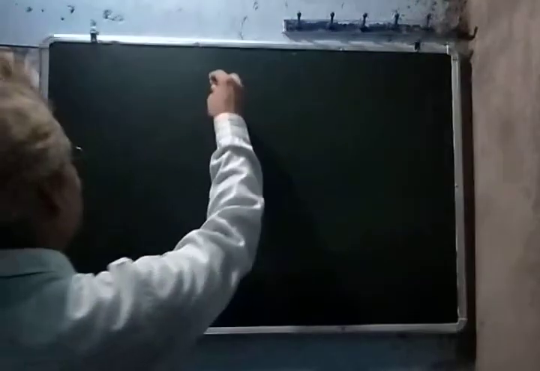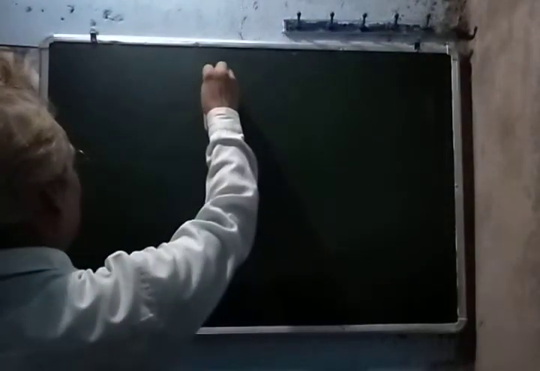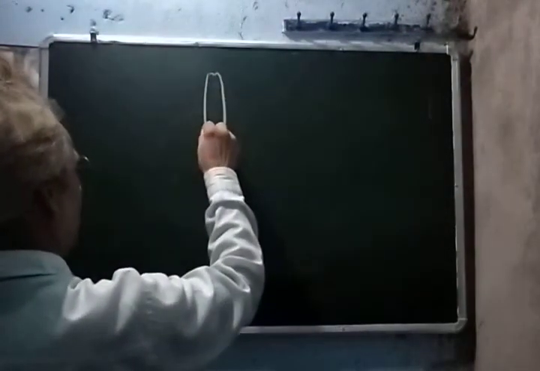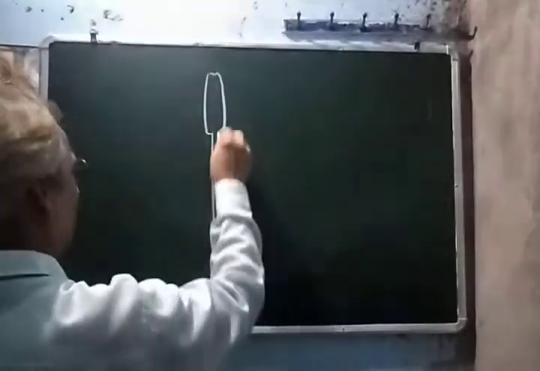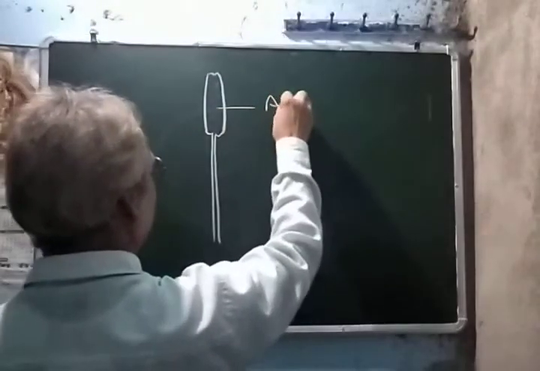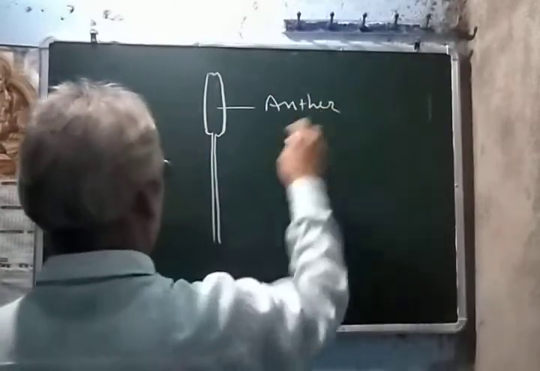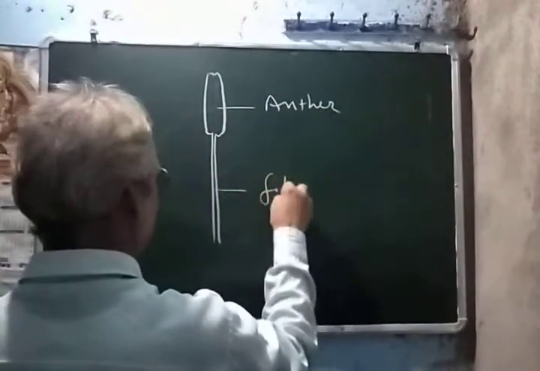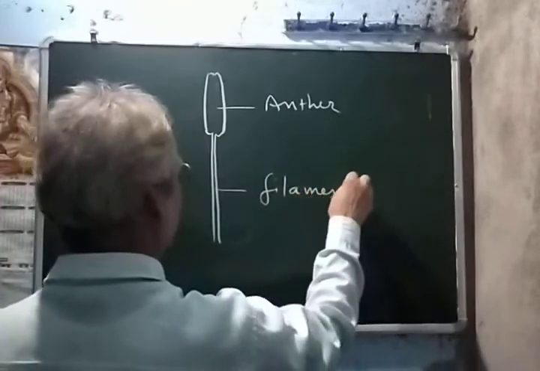A single stamen has two parts. The upper part is called anther. This is called anther, and this is called filament.